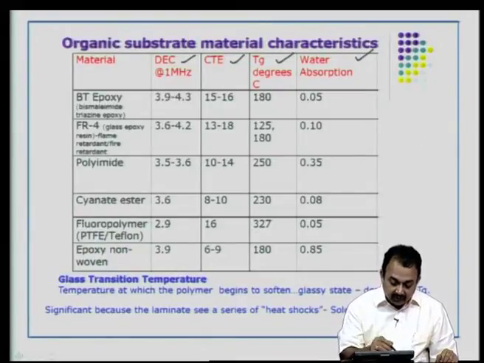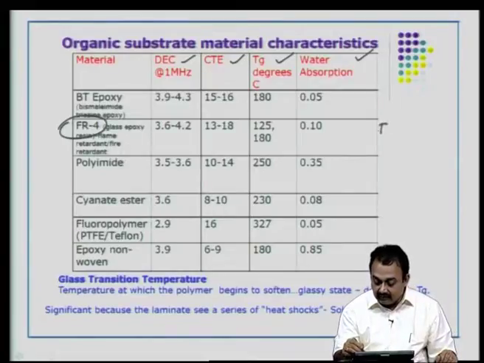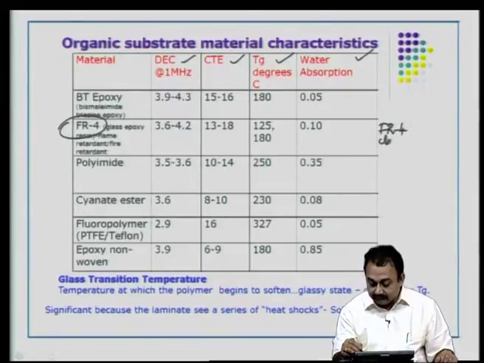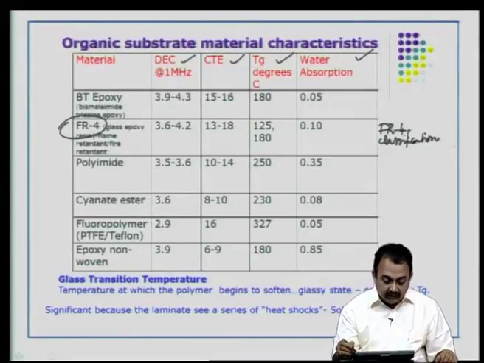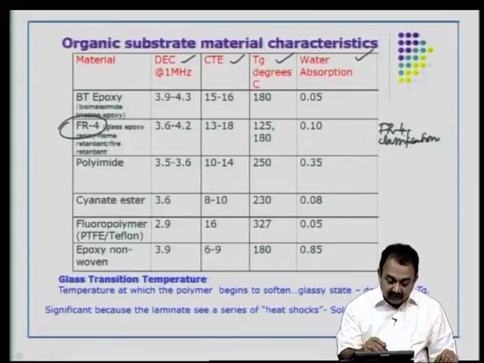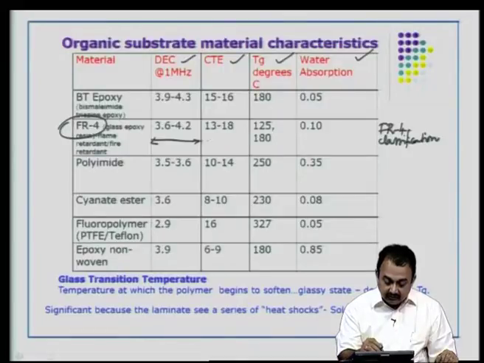For example, if you talk about the common FR4, glass epoxy, flame retardant, fire retardant material, that is why it is known as FR, and 4 is basically a classification by a standard body, and this is the most commonly used PCB material. You can see the dielectric constant varies from 3.6 to 4.2, CTE is between 13 and 18, TG today you get from 125 to 190.